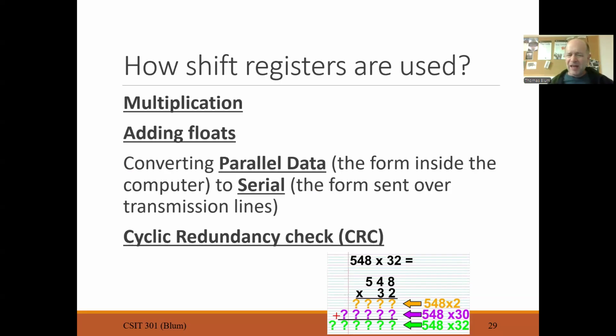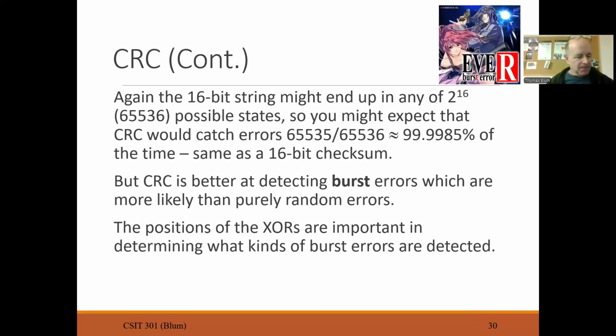And then when you're at that lowest level of transmitting data serially, you can add in this cyclic redundancy check. So you're not going to perform this unless you're already doing the serial thing. All right.